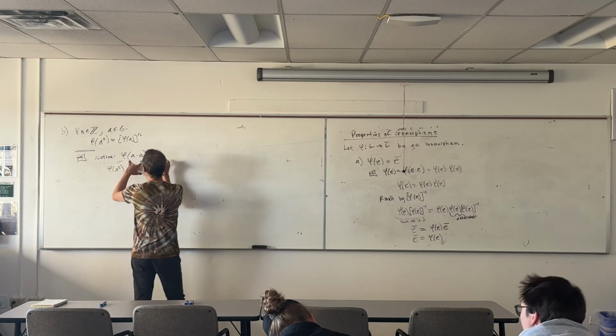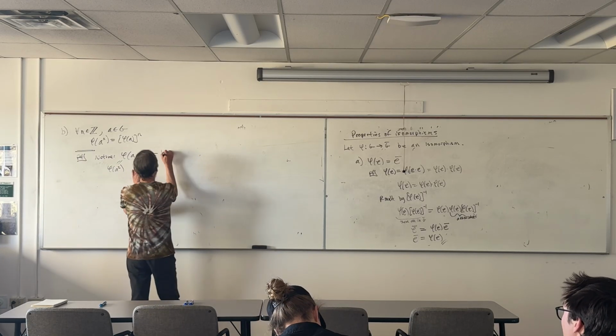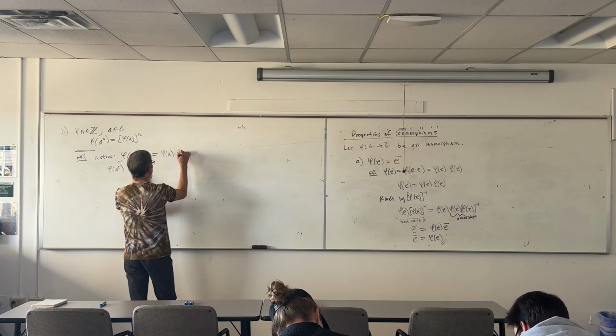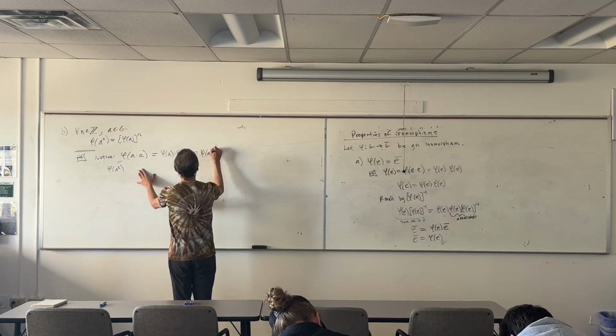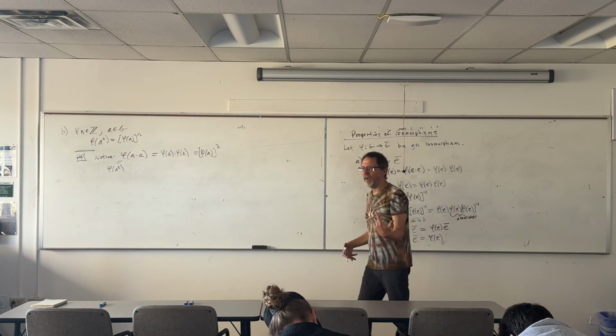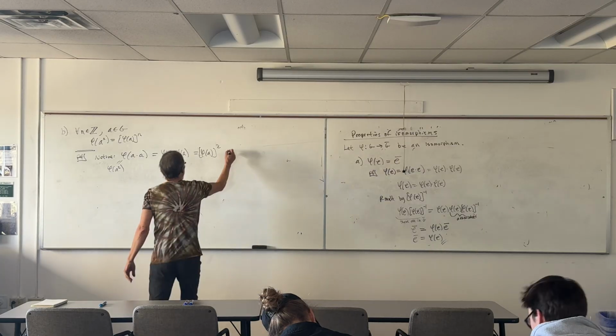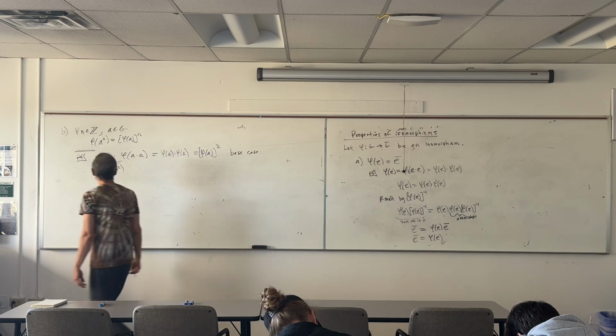How can I break this apart? It's phi of a times phi of a, by using that preservation of the group product. And this is just phi of a quantity squared. So see how that just moves out that way. That's my base case. Cool.